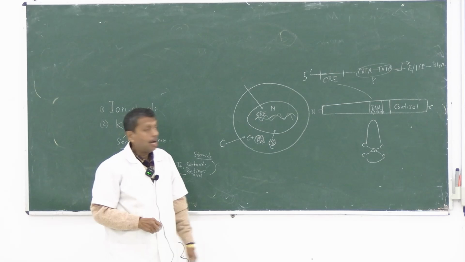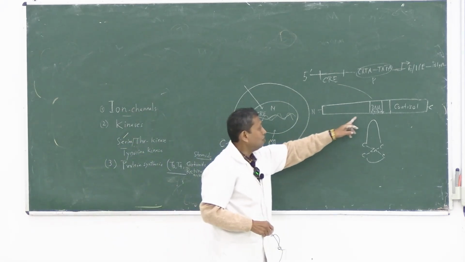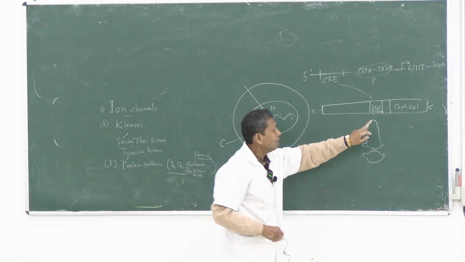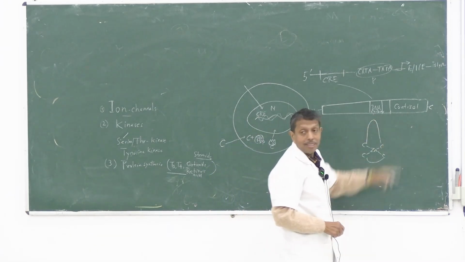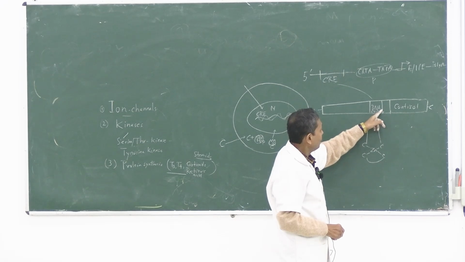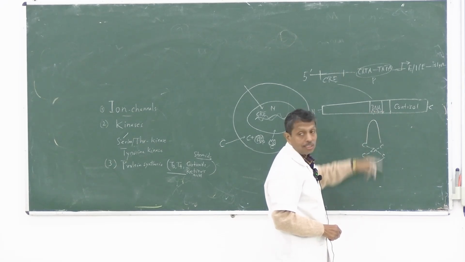And this is the basic structure of these receptors, whether nuclear or cytosolic. At the C-terminal end is the ligand binding site, and more proximal to the N-terminal is the DNA binding site, cysteine rich.